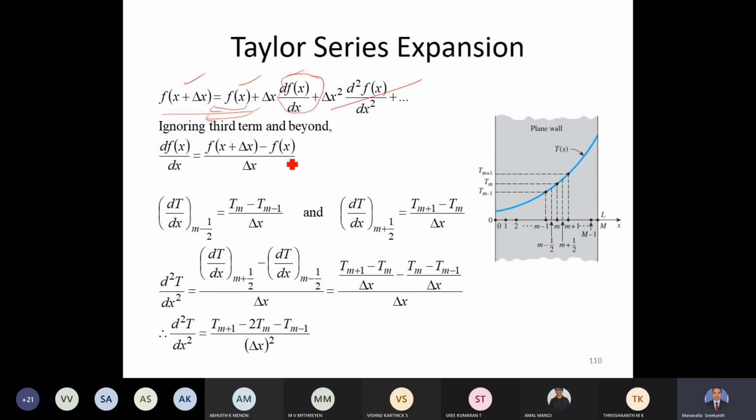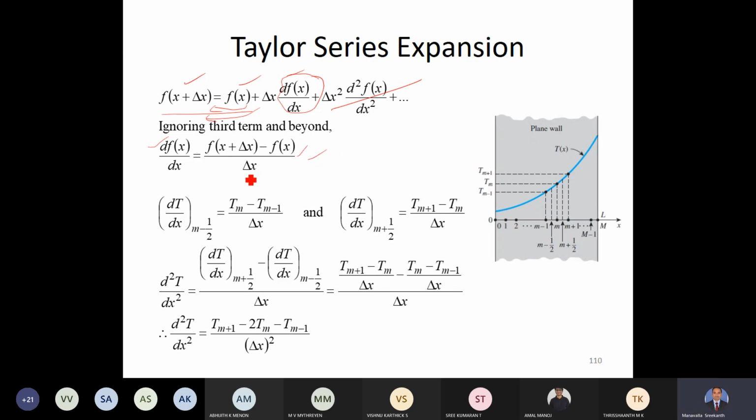So you see this derivative of a function with respect to an independent variable, this is a calculus notation, but this is an algebraic equation. This derivative is now written in terms of an algebraic equation.